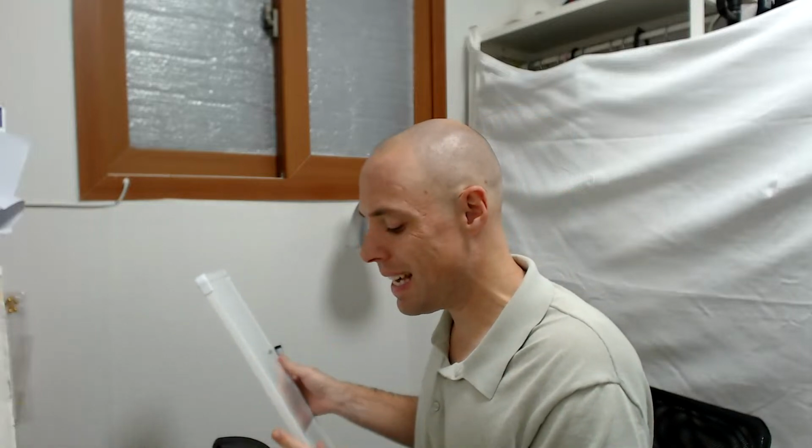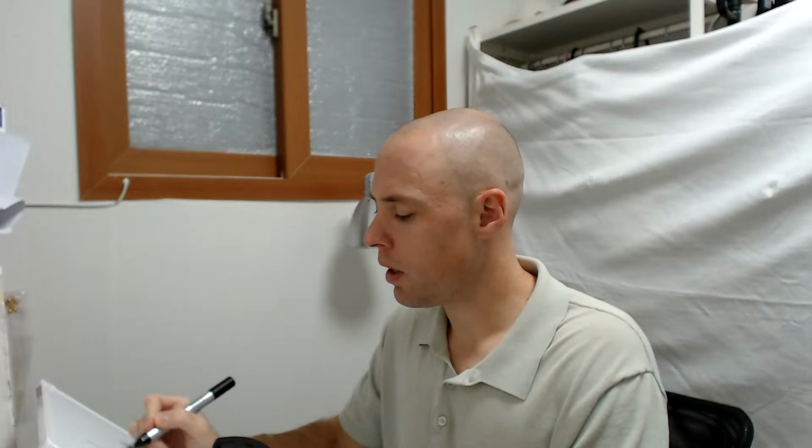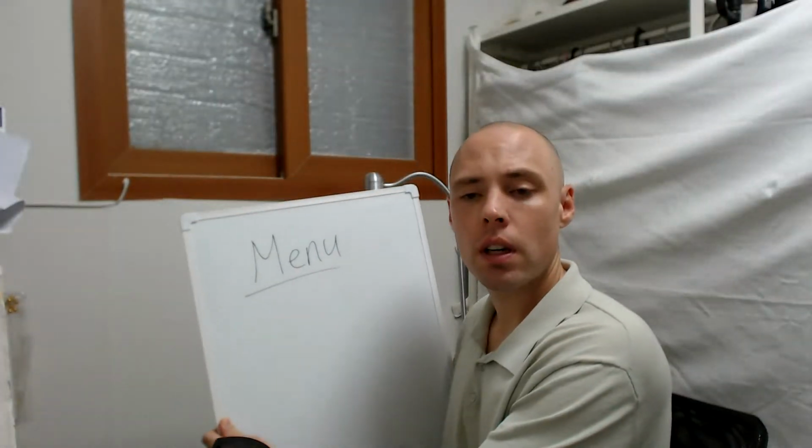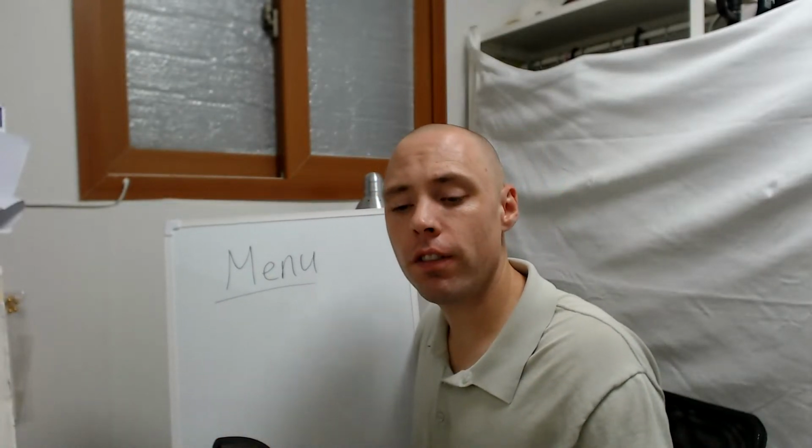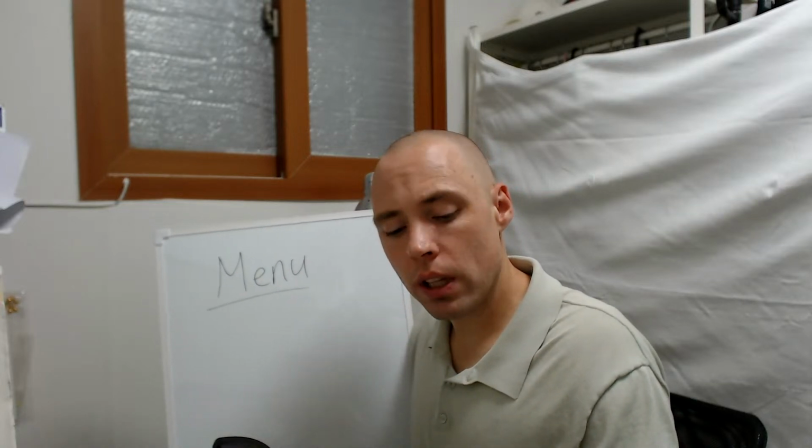So first thing is when you're looking at the menu, and the menu is the list of items that you're going to order, the list of drinks or the list of foods at a restaurant or a cafe. The good thing about them is that we can just read those.